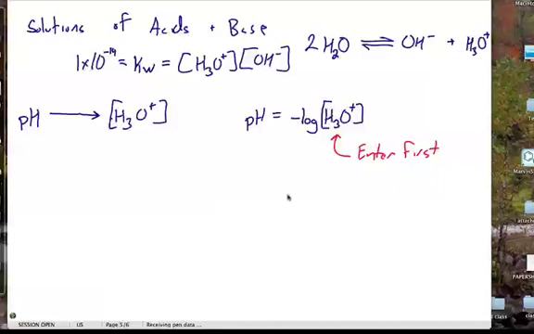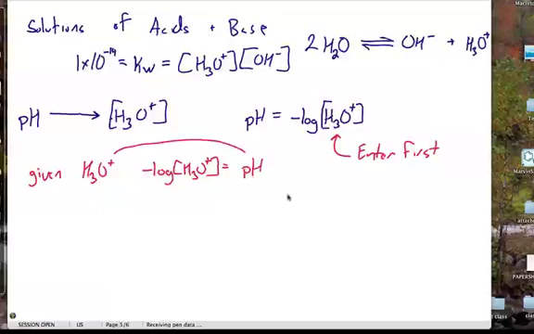You just flip the sign, either in your head or on the calculator. This allows us to interrelate the pH to the hydronium ion concentration. Usually the way this works is, given H3O+, we take the log of it, flip the sign, and that will equal the pH. So H3O+ to pH, we usually use that method.